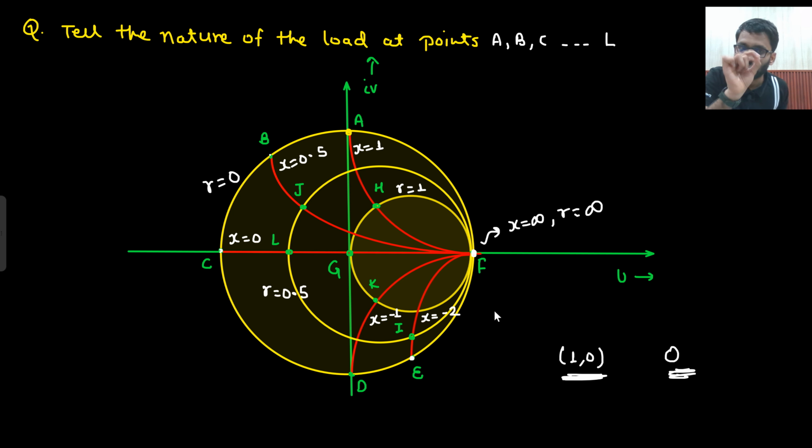So here those two circles are cutting. From this point all other circles are originated. But if you talk about the locus of two circles cutting here, that is the circle which has center 1, 0 and radius 0. Which are those two circles? For X equals infinity and R equals infinity.